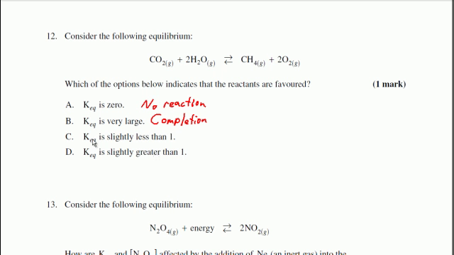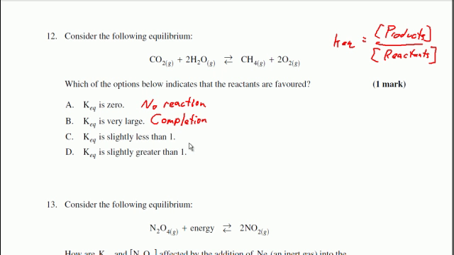Now, KEQ is slightly less than 1. Again, KEQ is products over reactants. If it's slightly smaller than 1, that means the reactants are larger than the products.